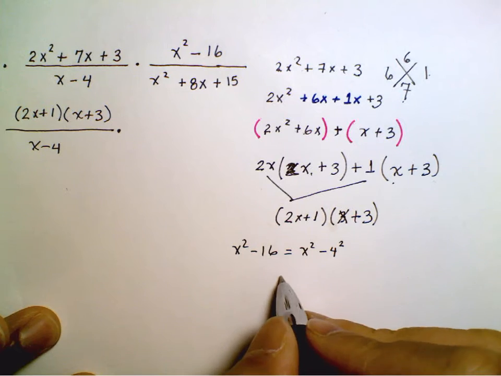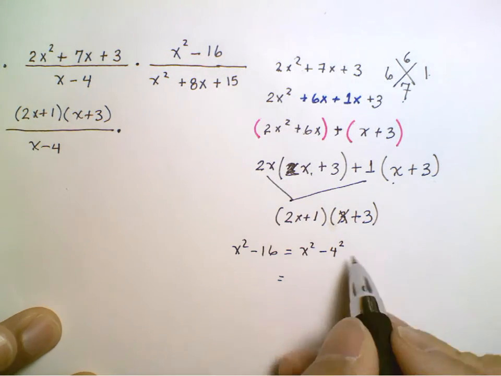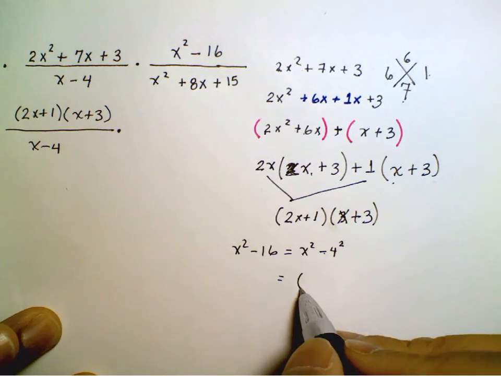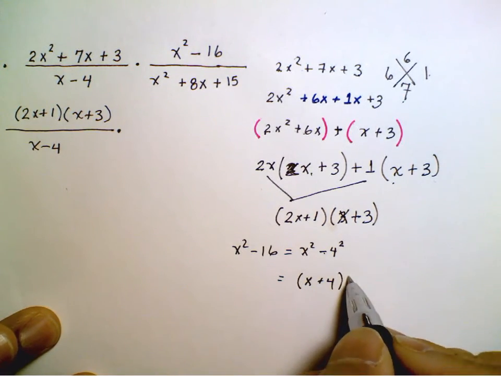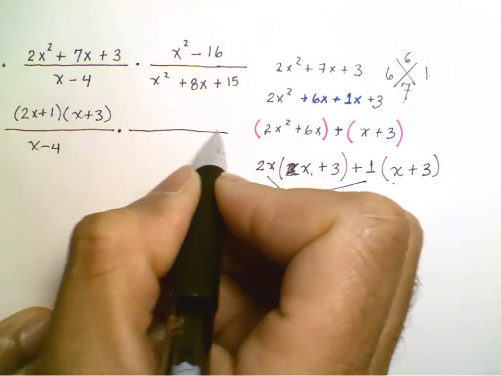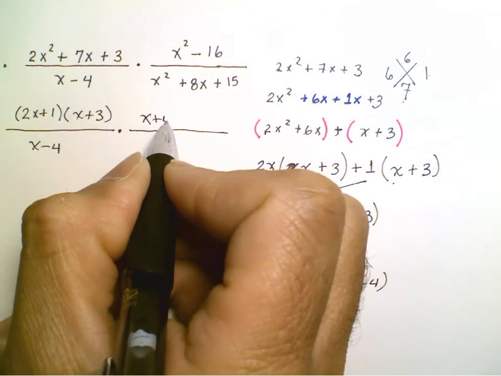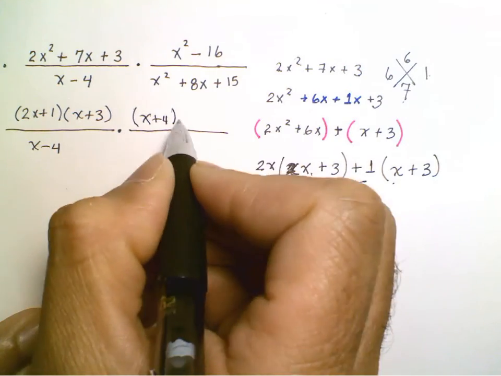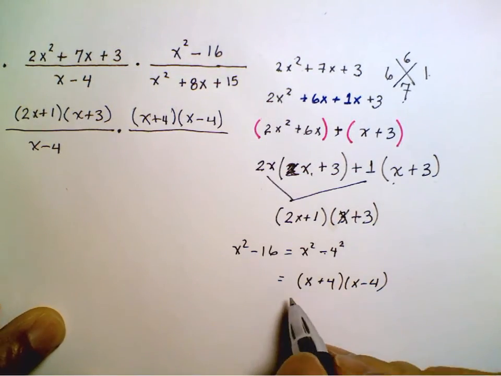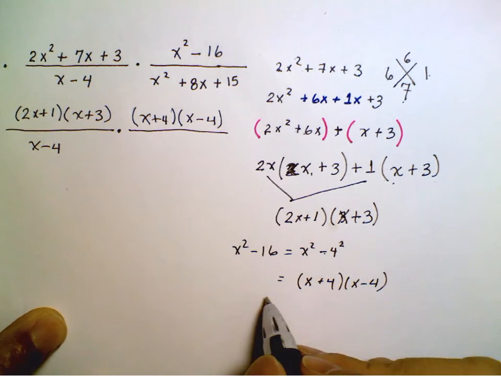And if we factorize, it's a difference of squares. As we can see, x squared minus 4 squared. So I have x plus 4, x minus 4. So the numerator will be x plus 4, x minus 4.